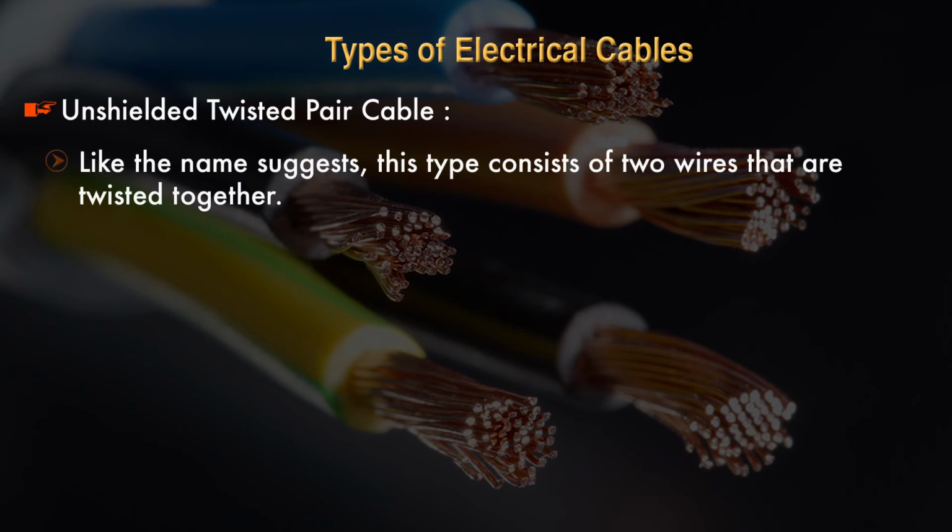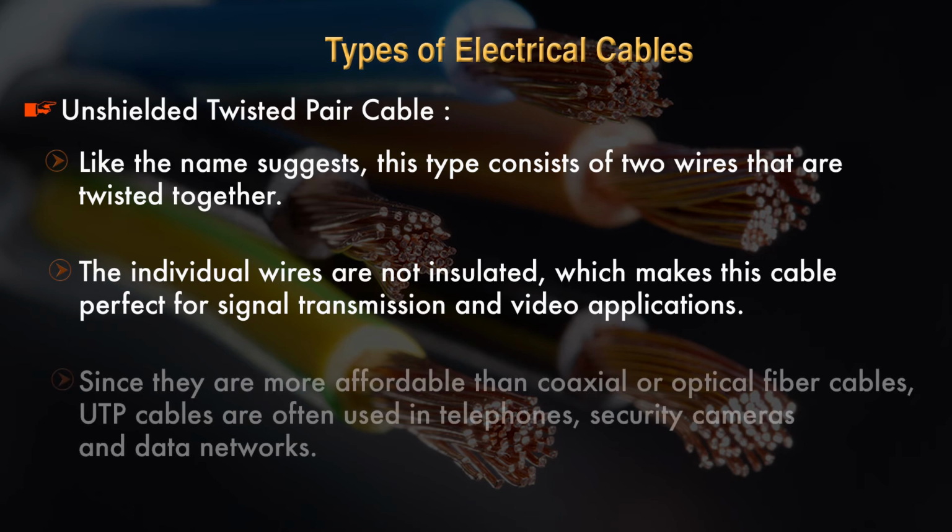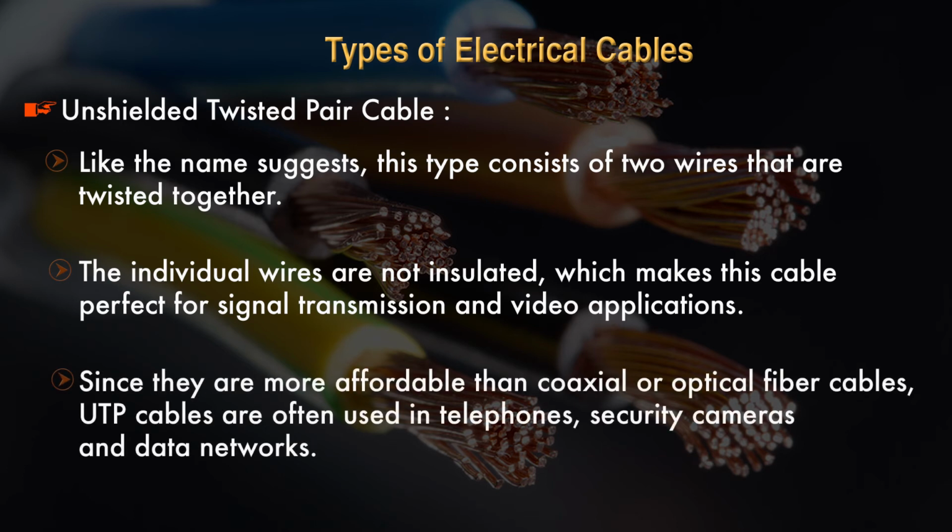The next type of cable is called unshielded twisted pair cable. Like the name suggests, this type consists of two wires that are twisted together. The individual wires are not insulated, which makes this cable perfect for signal transmission and video applications. Since they are more affordable than coaxial or optical fiber cable, UTP cables are often used in telephones, security cameras, and data networks.